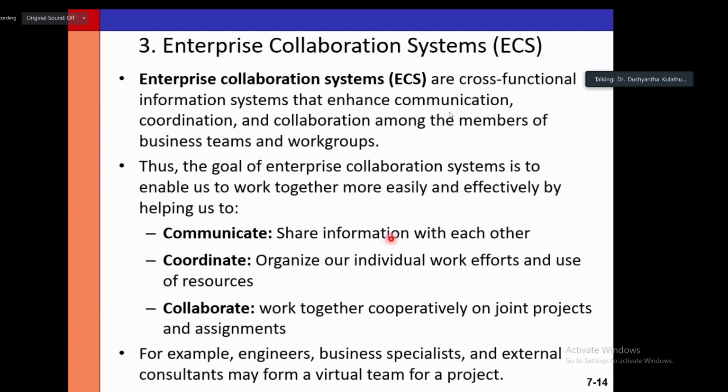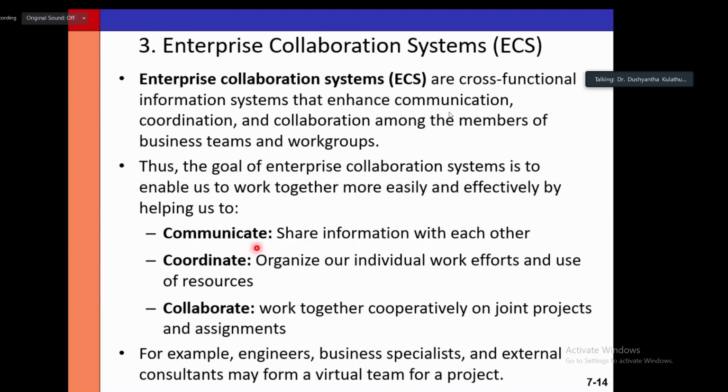And if the relevant information cannot be communicated on time, you may not be in a position to accomplish what you want as planned. So the communication and sharing of information between the members will be key to the success of the particular objectives of the work groups.